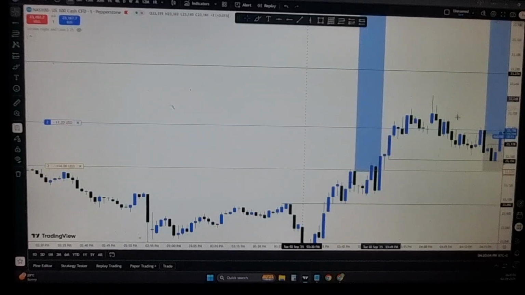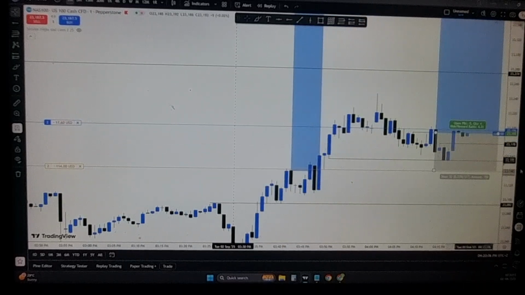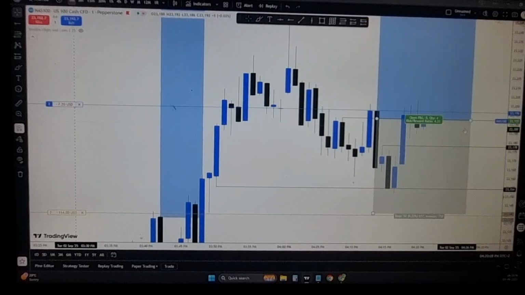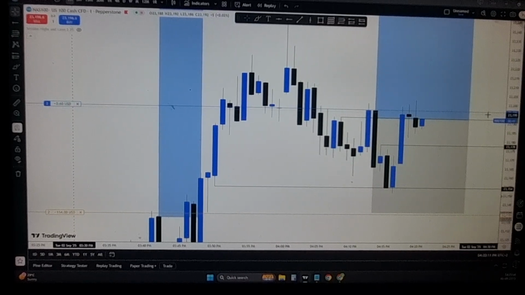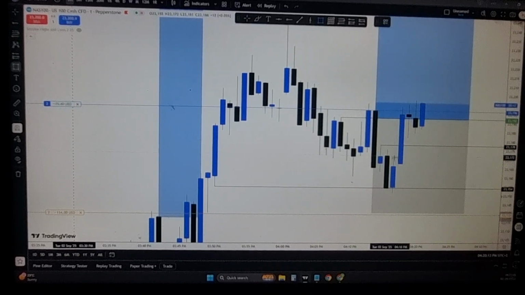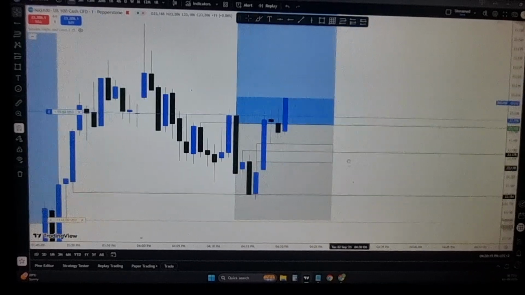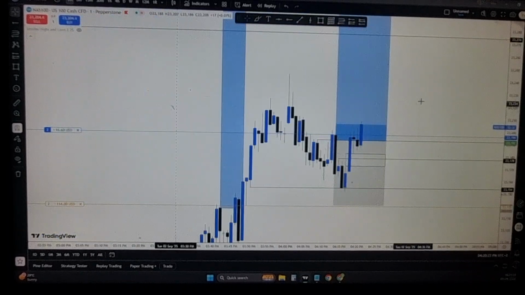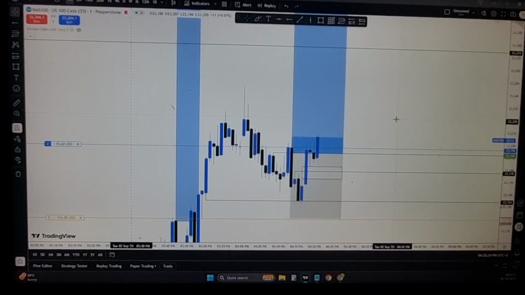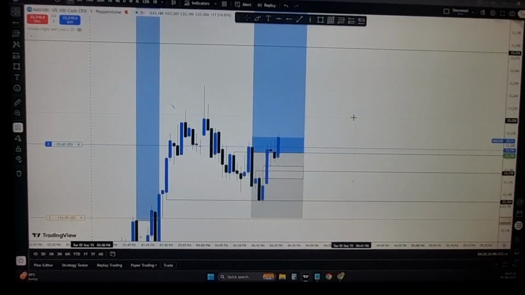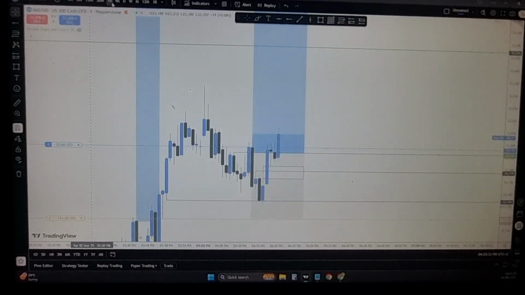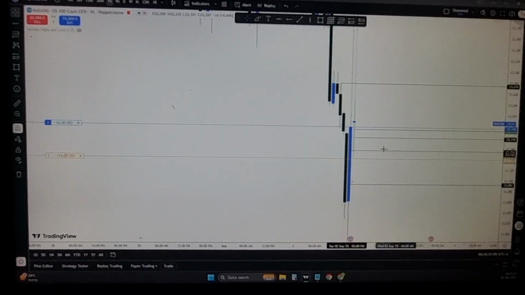Okay, at least the 5 minute is closing bullish. That's what we are wanting. Okay, we also have this 1 minute fair value gap. Just see. Okay. Let's see what the 1 hour is doing.